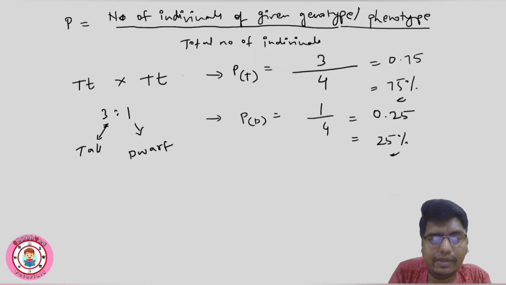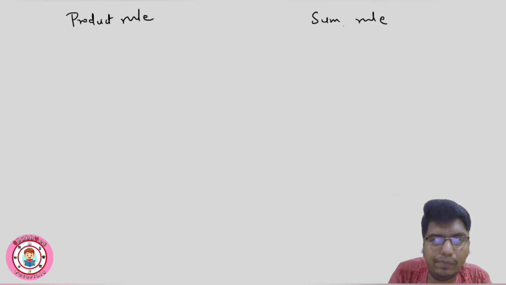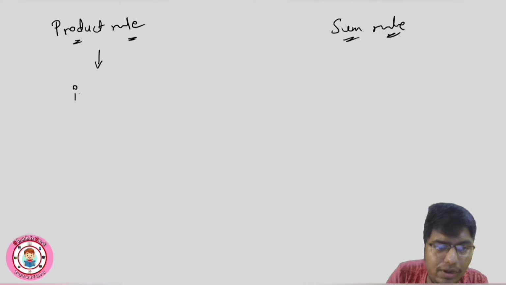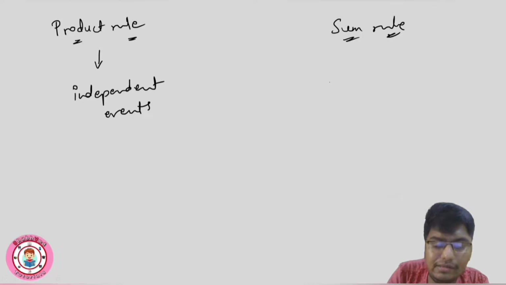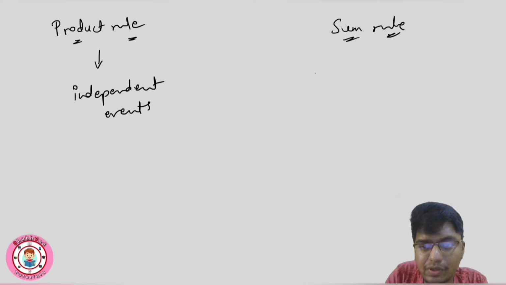Now in this probability, there are two rules. In genetics, we use two methods: product rule and sum rule. First, we will go with the product rule. The product rule is used for independent events, and the sum rule is used for mutually exclusive events.